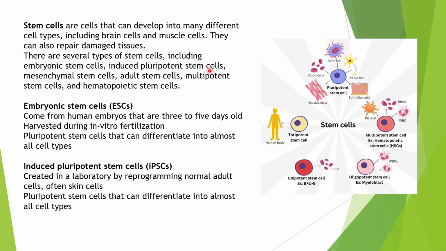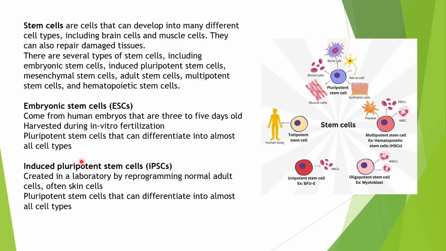Coming to the types of stem cells, embryonic stem cells come from human embryos that are 3 to 5 days old. At this stage, the embryonic stem cells can be harvested during in vitro fertilization. These are pluripotent stem cells that can differentiate into almost all cell types.